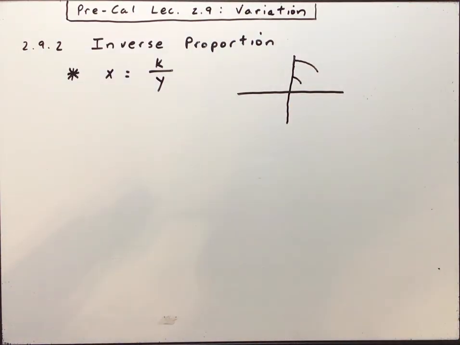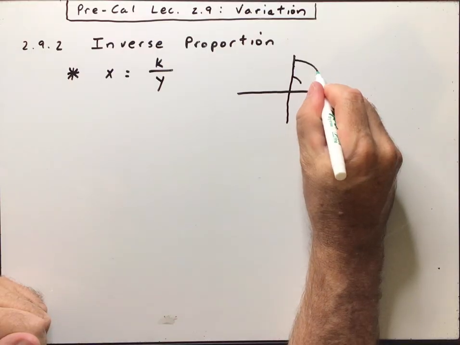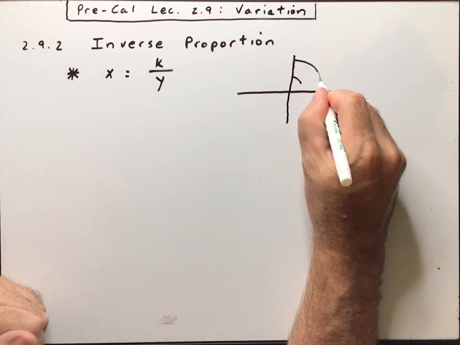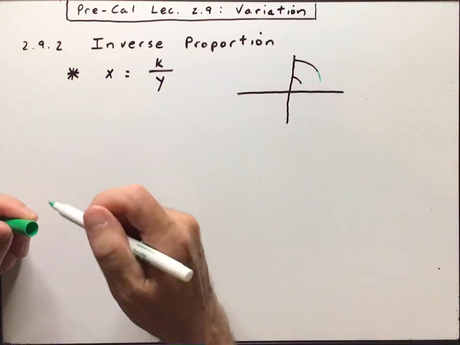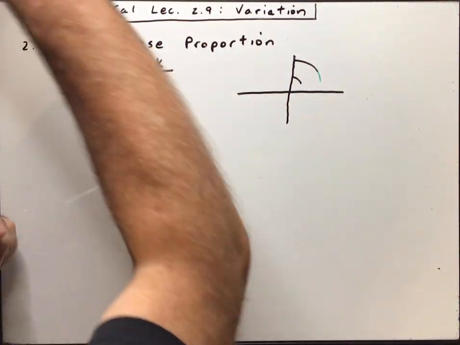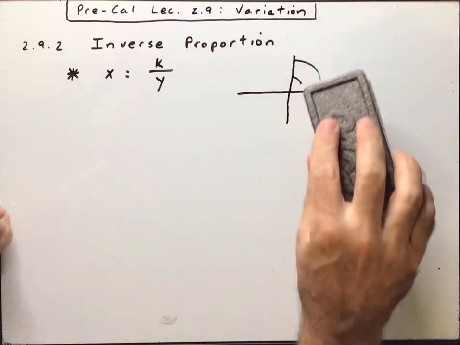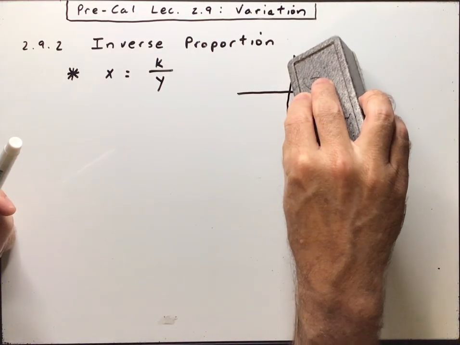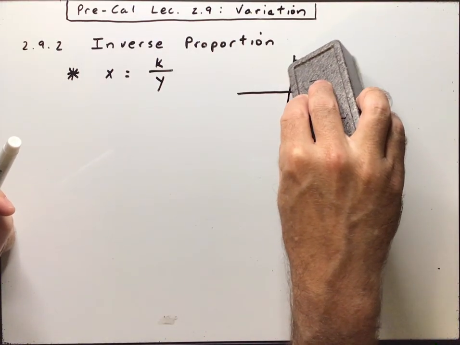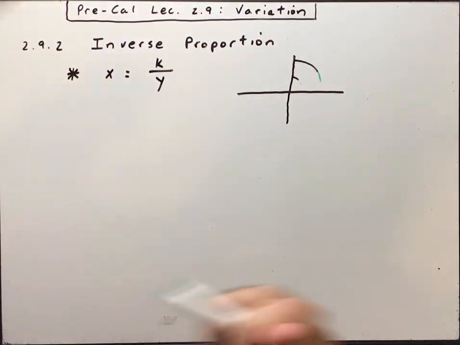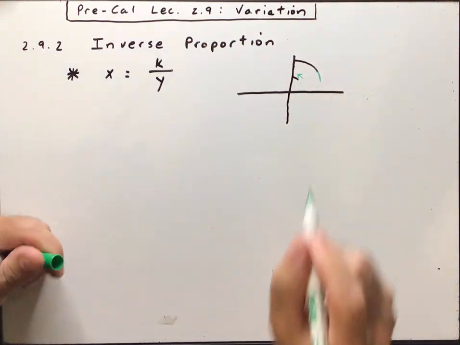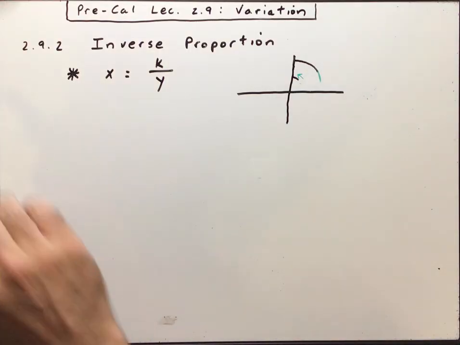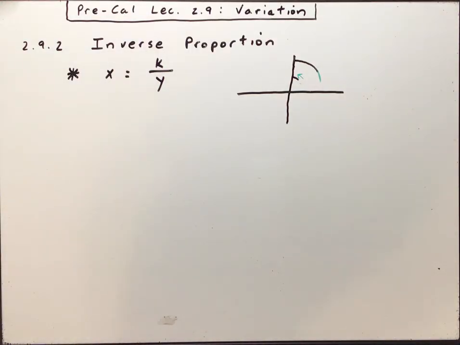If the large arc grows by, let's say, 50%, then the small arc will decrease by 50%. So it's going to get smaller like that. So that's inverse proportionality.